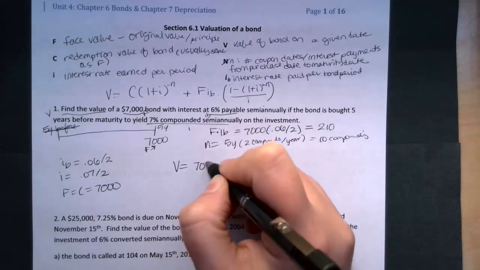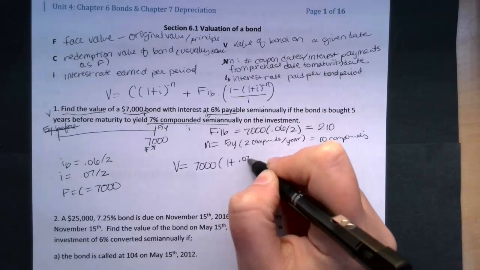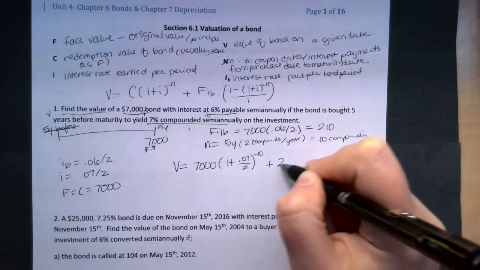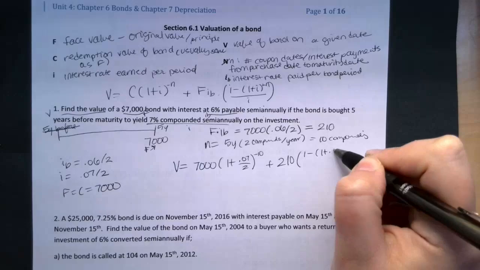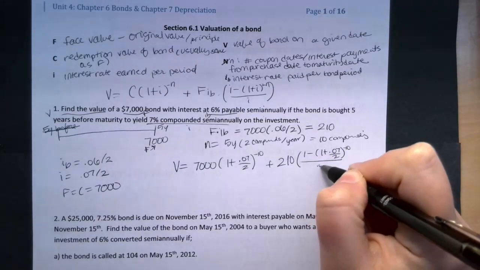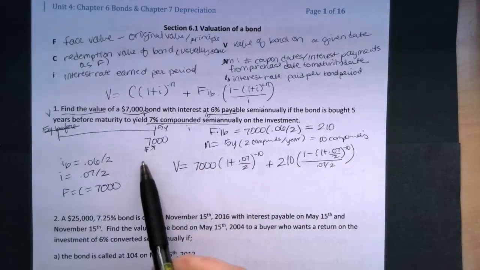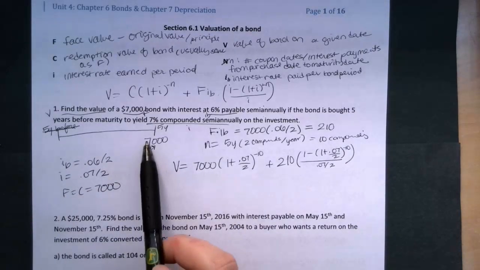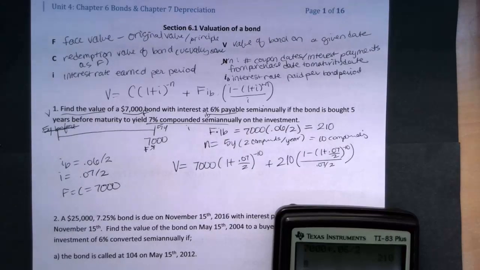So we're going to have 7,000 times (1 plus 0.07 over 2) to the negative 10, plus 210 times (1 minus (1 plus 0.07 over 2) to the negative 10) over 0.07 over 2. This is real similar to what we were doing before, because we're moving this back to the 5-year mark, and then we're moving each of these payments back to the 5-year mark as well. So it's all moving with us.